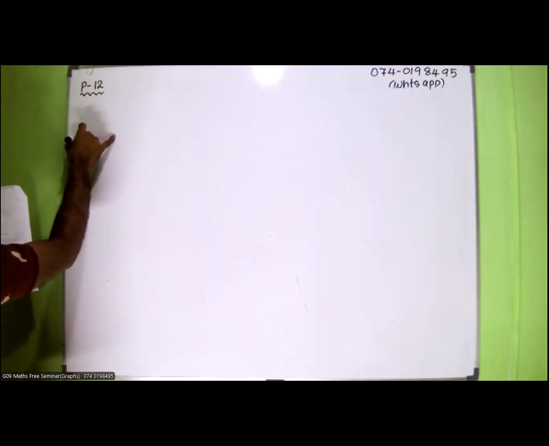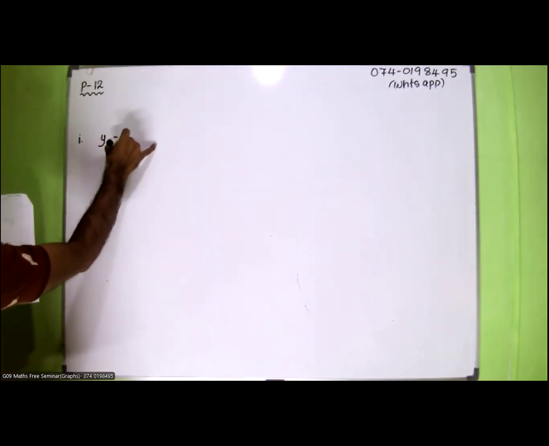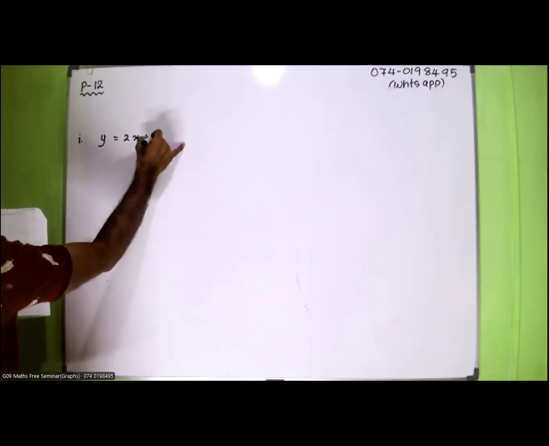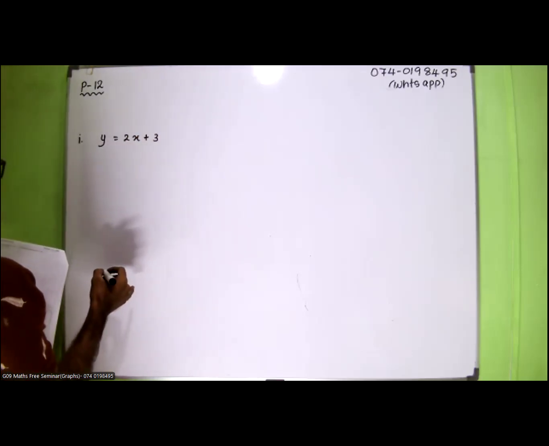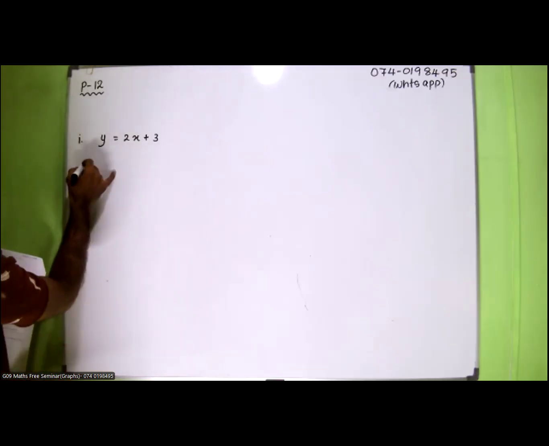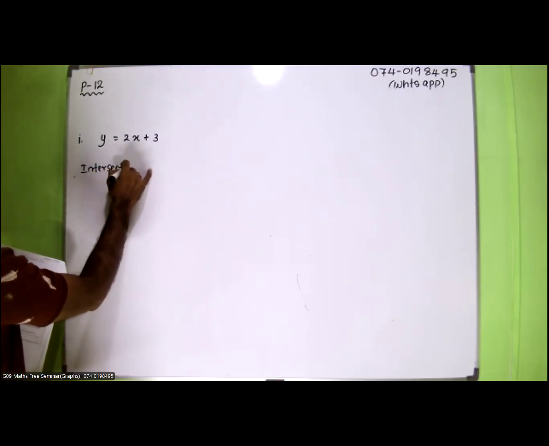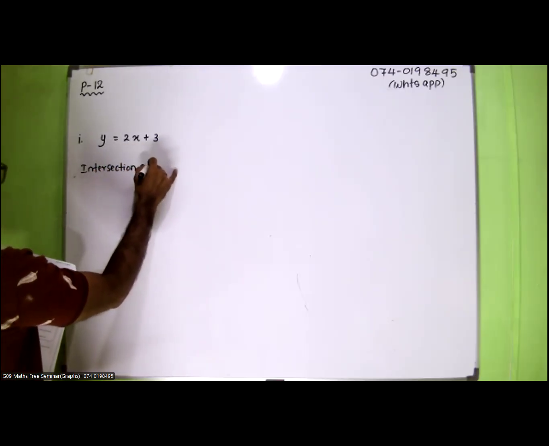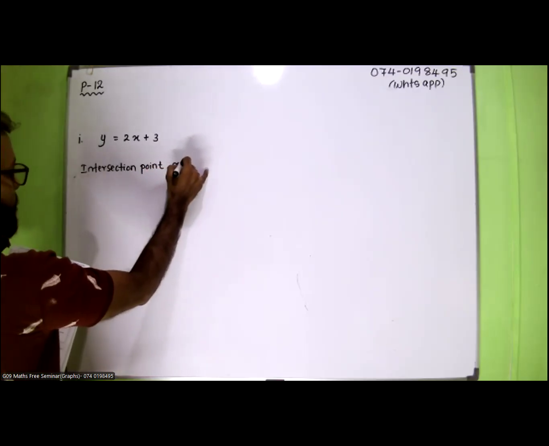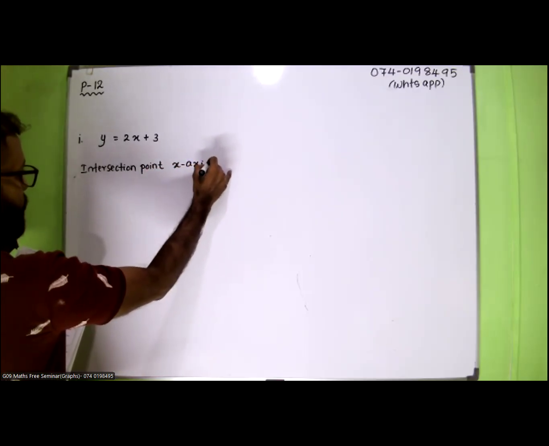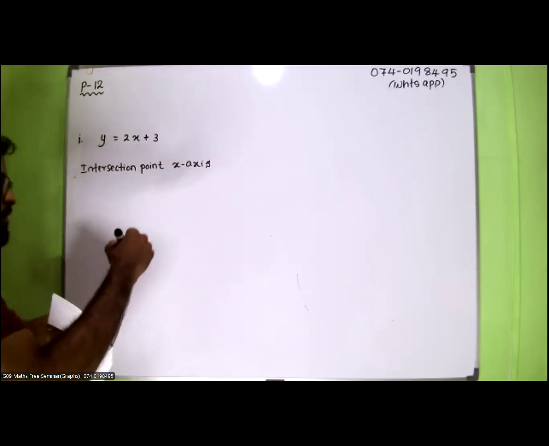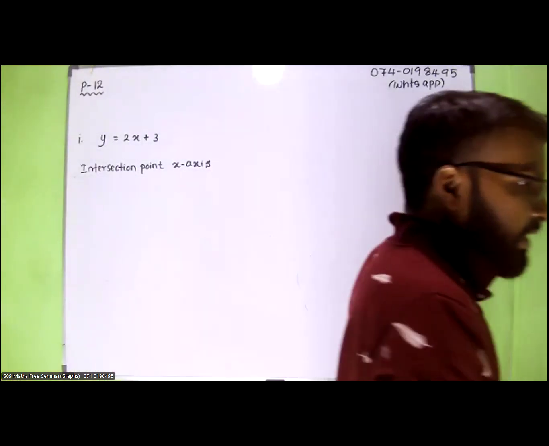Examples. First one. y equals 2x plus 3. Now I am going to find the intersection point of the x-axis.